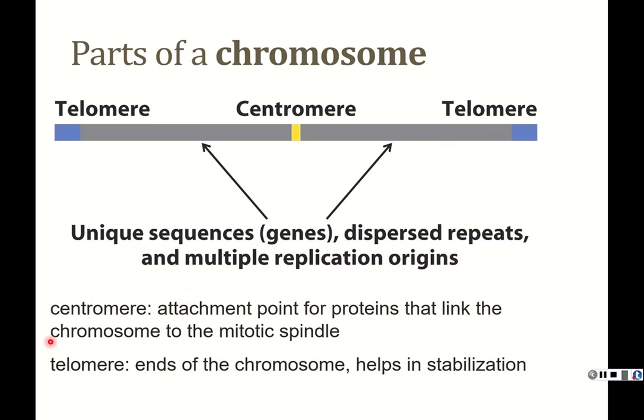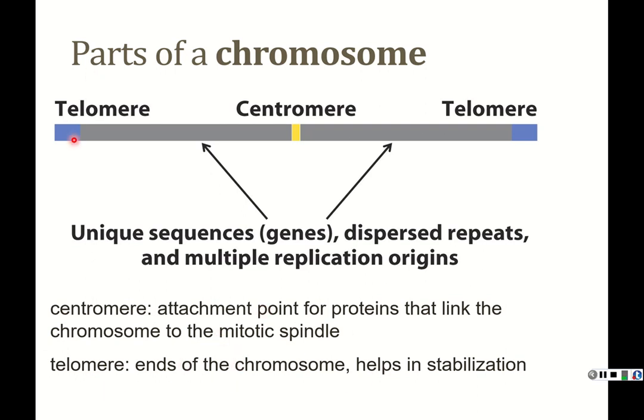The centromere is the attachment point for proteins that link the chromosome to the mitotic spindle. So when cells are dividing, that's how you make sure that each cell gets a copy. And the telomeres are just the ends of the chromosome.